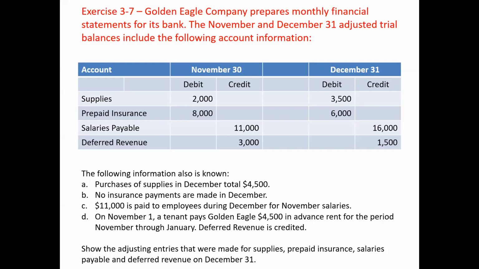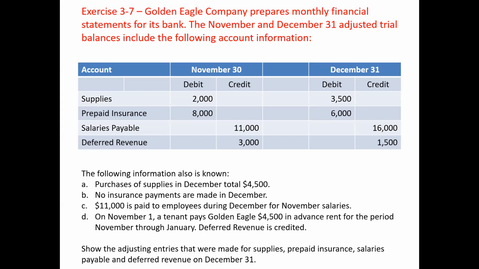So you see on November 30th, we had a debit to supplies of $2,000. We had a debit to prepaid insurance of $8,000. We had a credit to salaries payable of $11,000 and a credit to deferred revenue of $3,000. Now we're just taking specific accounts that we're going to need to adjust.